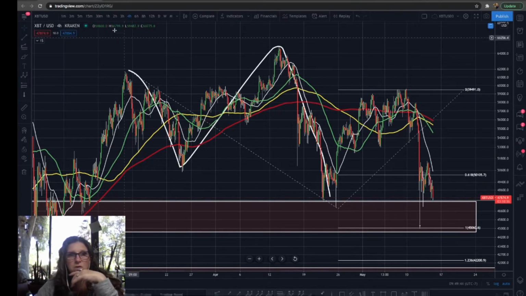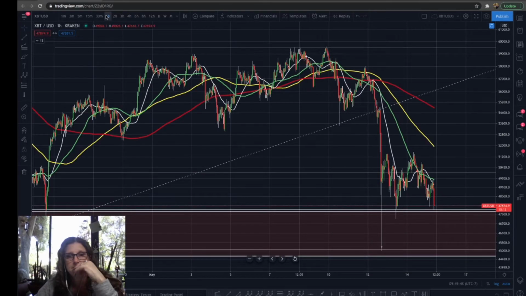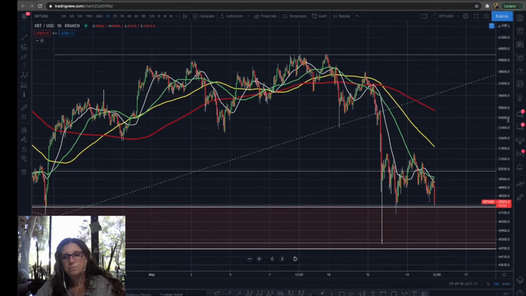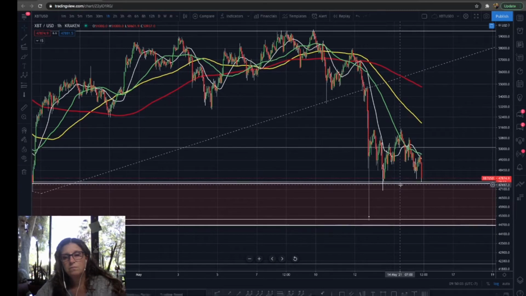Let me look on the very low time frame just in case. The only option we have is if this is a wave 1 and it was just so fast that we couldn't see it. And we're making a wave 2.